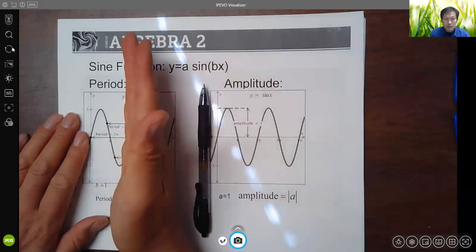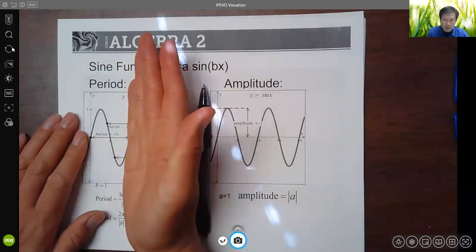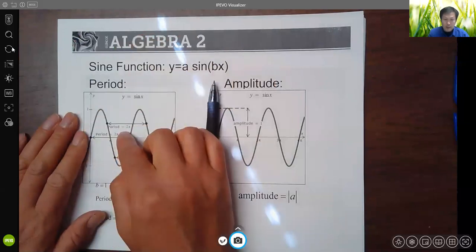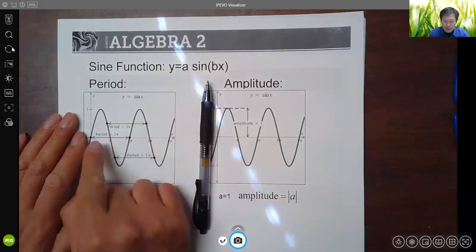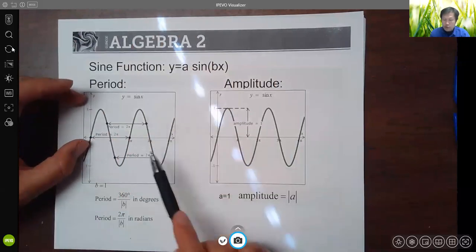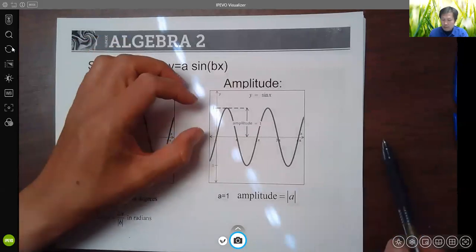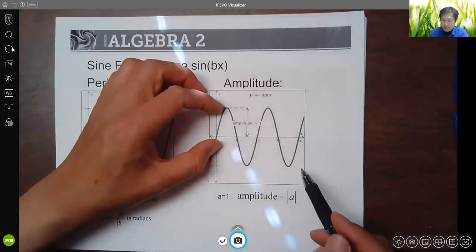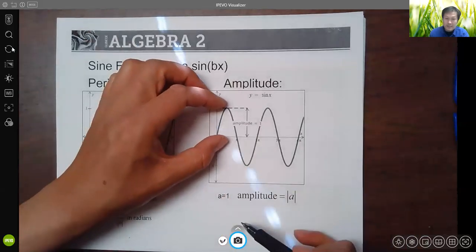So the shortest, smallest piece which keeps repeating, that we call one cycle. The horizontal length of one cycle, we call that a period. And amplitude means the thickness of the graph, where you start from the middle and go all the way up to the top, the maximum.